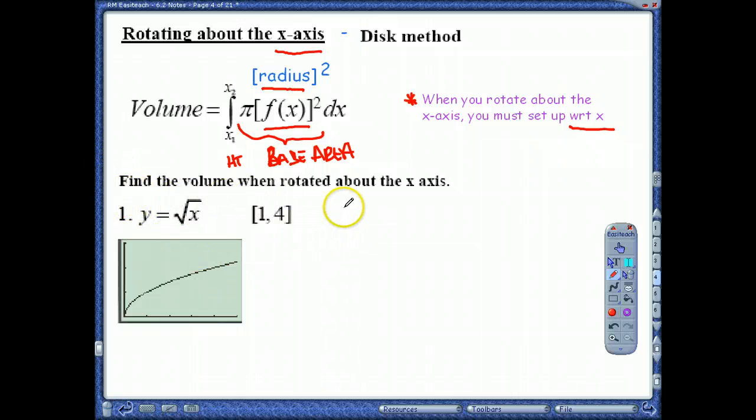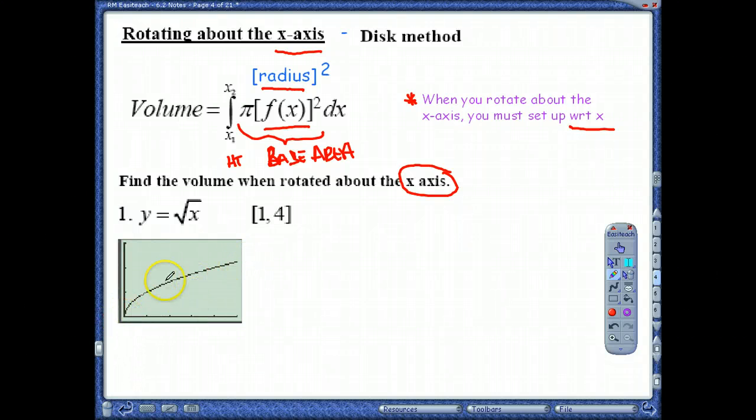Find the volume when rotated about the x-axis, and you really want to make sure that you're paying attention to which axis or which line you are rotating that about. So all I did in my calculator is I graphed y equals the square root of x. Now they've told me that I'm going from 1 to 4. So I just widened my window here.